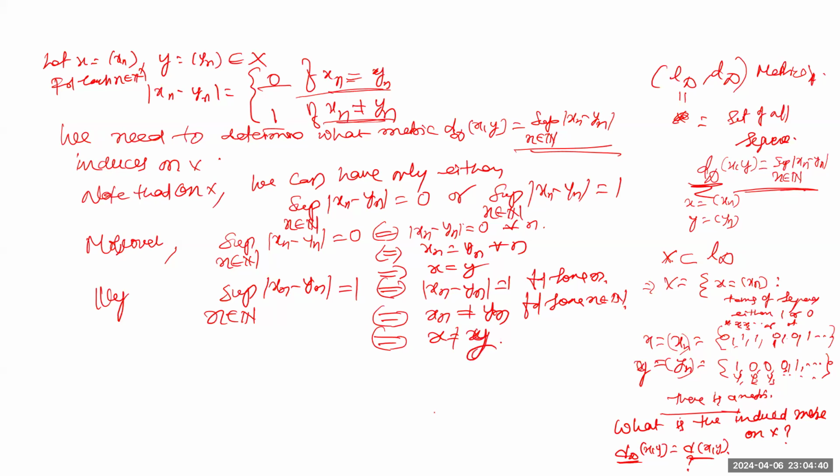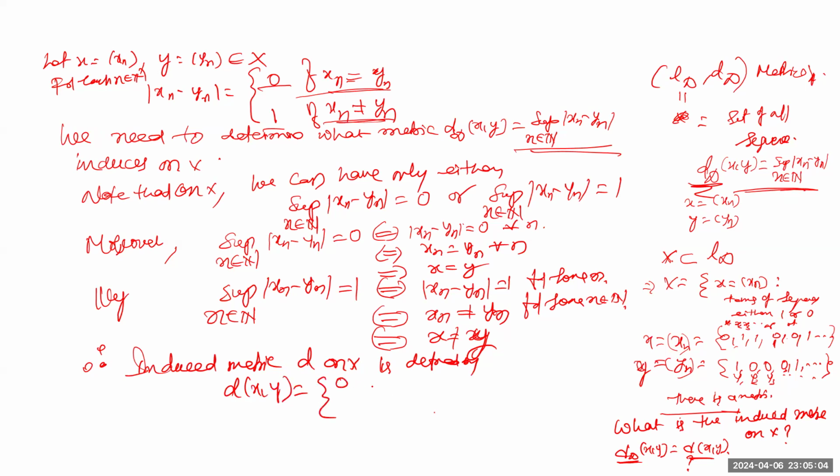So what is my induced metric? Therefore, the induced metric D on X is defined by D of x comma y equal to 0 if x is equal to y, and 1 if x is not equal to y.